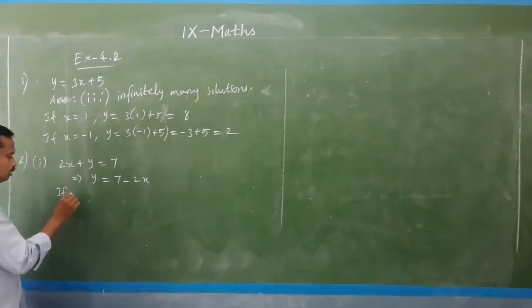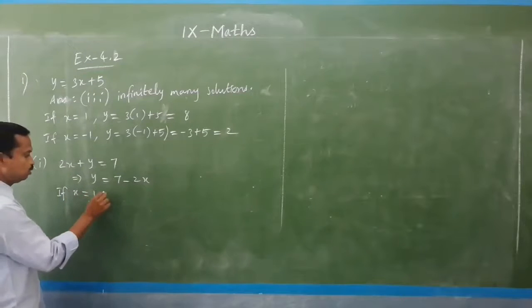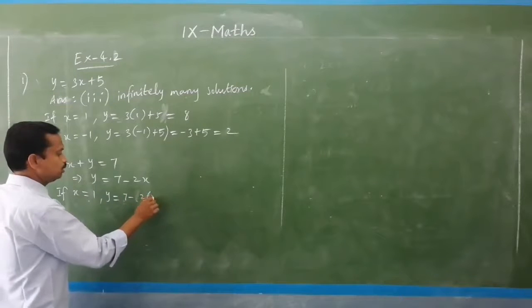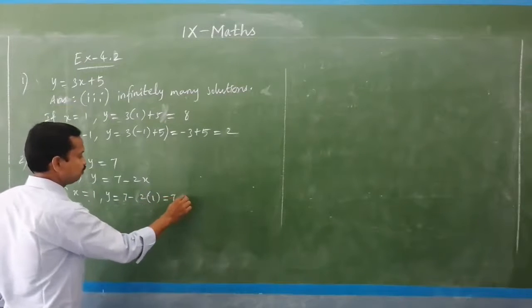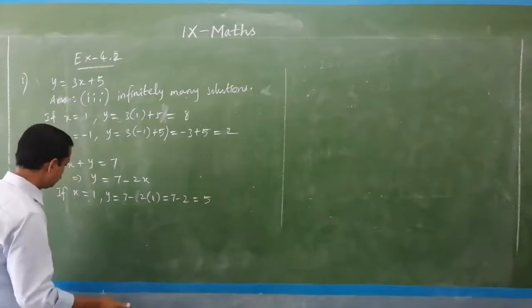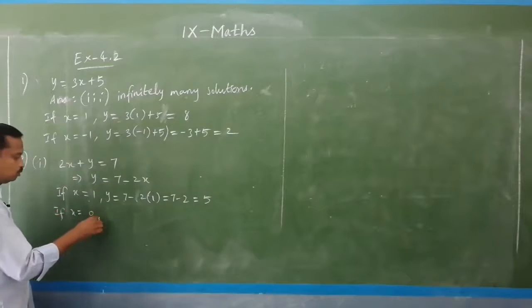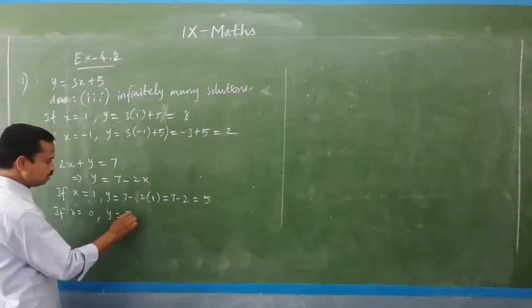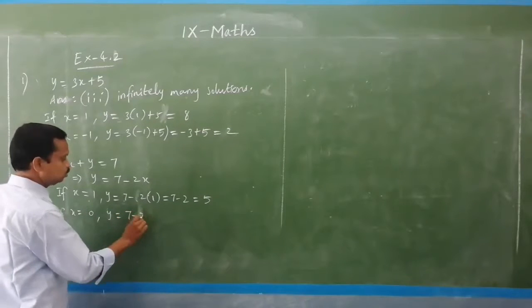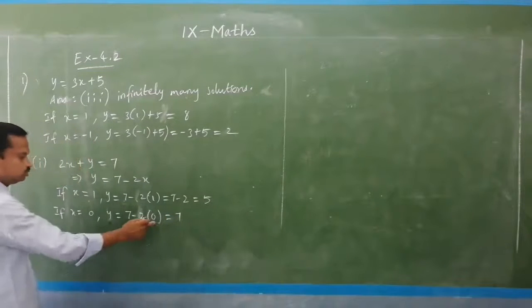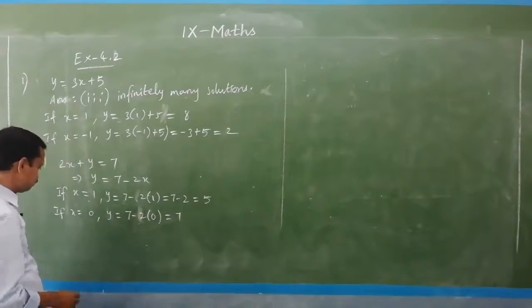As above, if x equal to 1, y equal to 7 minus 2 into 1, that is 7 minus 2 equal to 5. If x equal to 0, y equal to 7 minus 2 into 0, which is 7 only.